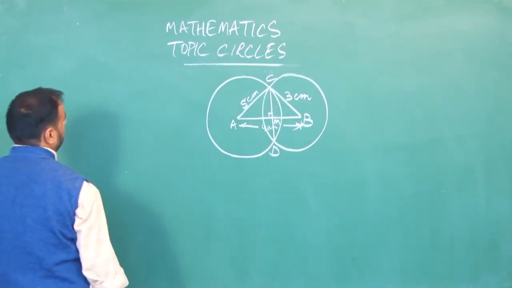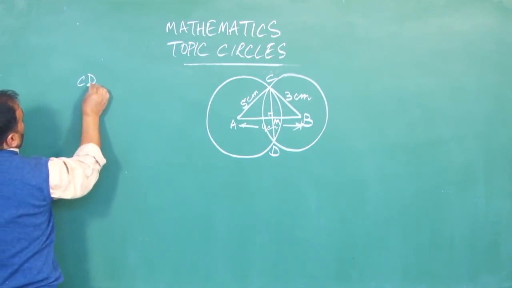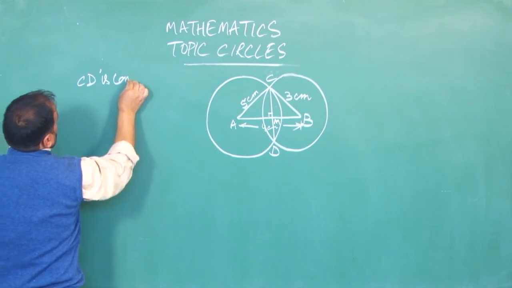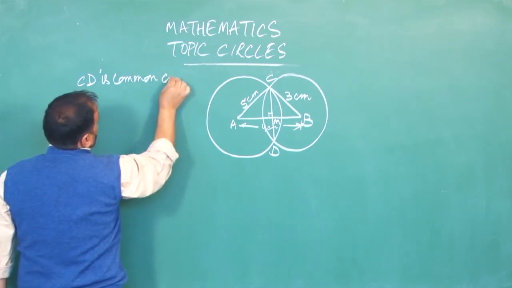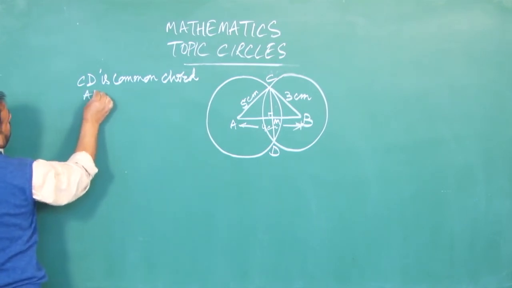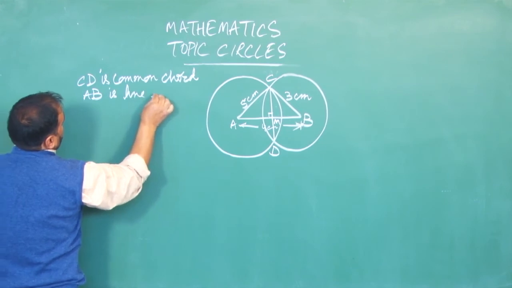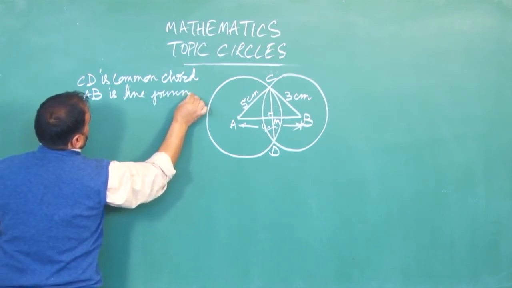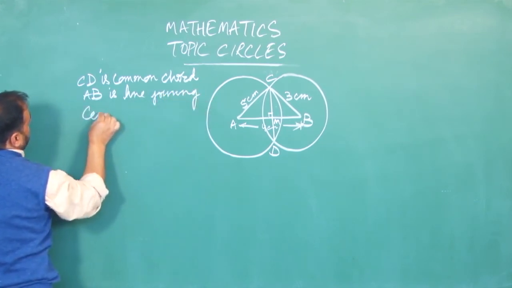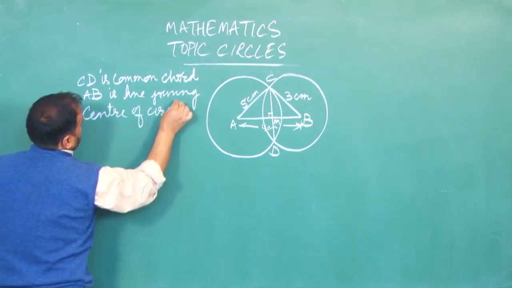From the earlier results, CD is the common chord and AB is the line joining the centers of the circles.